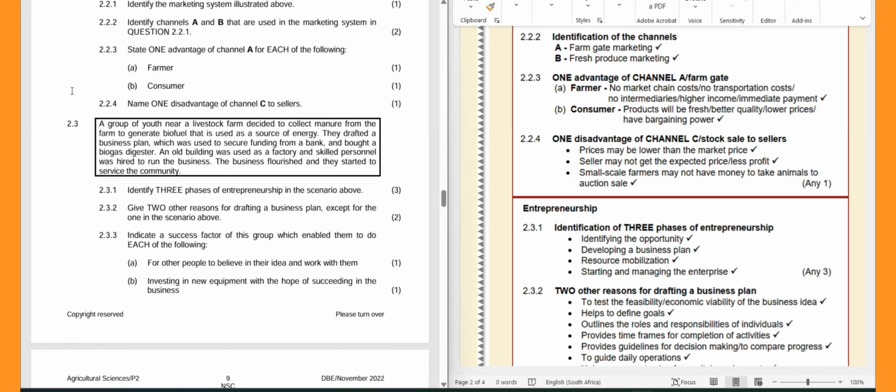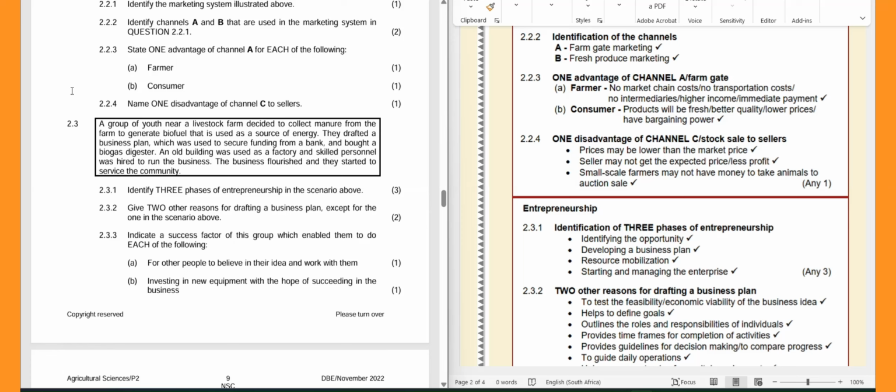The products will be fresh when the consumer buys those vegetables. So the consumer will get the produce while still fresh and at a cheaper price.